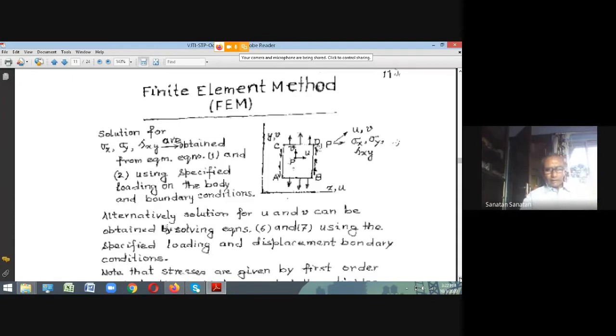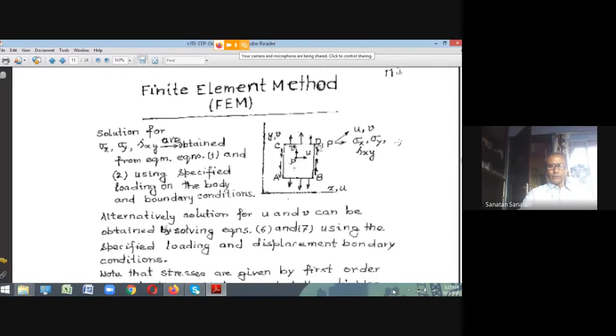It means that you have been given a body whose geometry is given, and you have to find out the displacements at every point of the body under the specified boundary conditions, or you have to find out the free stresses in terms of the boundary loading.